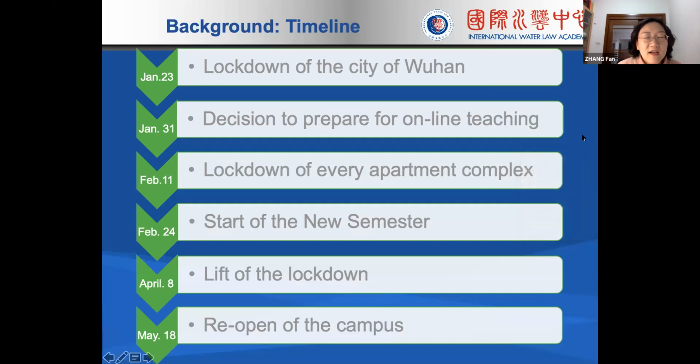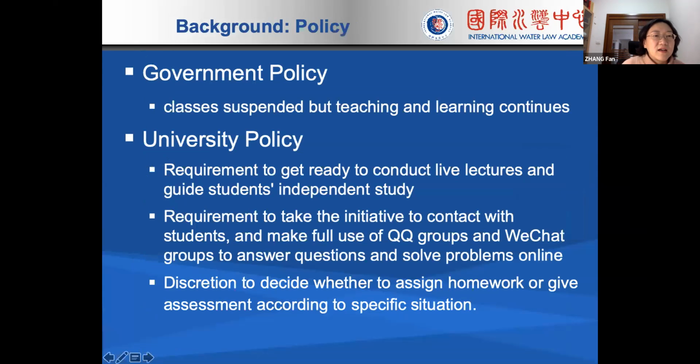During the lockdown, the Ministry of Education of China issued a policy called "Classes Suspended, but Teaching and Learning Continues." But how to continue teaching and learning? The ministry did not give a unified answer. Wuhan University did not make any specific requirement either.